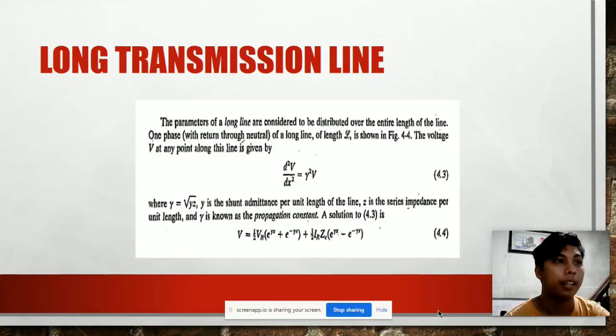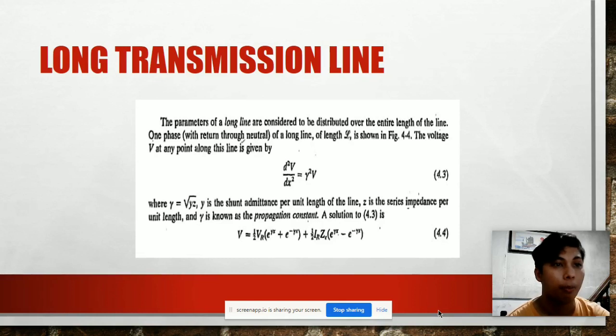Long transmission line. The parameters of a long line are considered to be distributed over the entire length of the line. One phase with the true neutral of a long line of length l is shown in figure 4.4. The voltage V at any point along this line is given by d²V/dx² = γ²V, where γ is equal to the square root of yz. y is the shunt admittance per unit length of the line, z is the series impedance per unit length, and γ is known as the propagation constant.